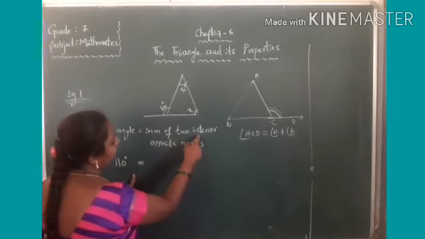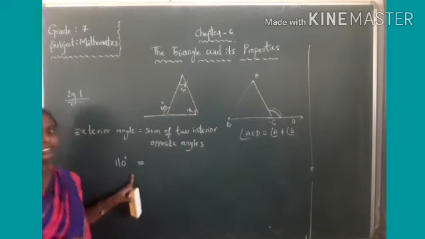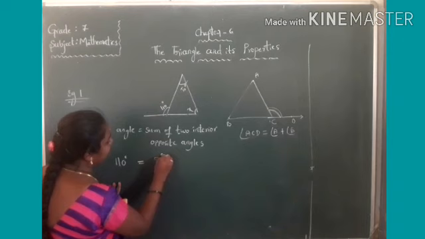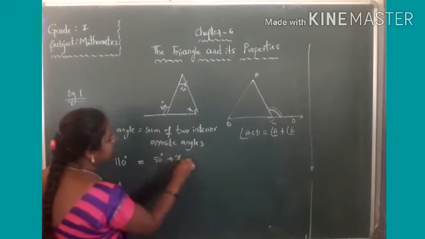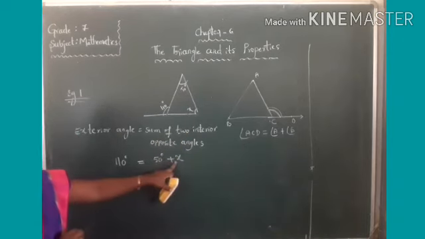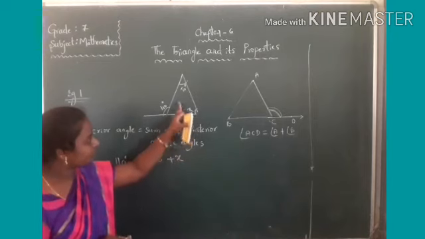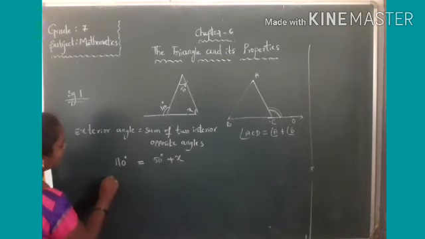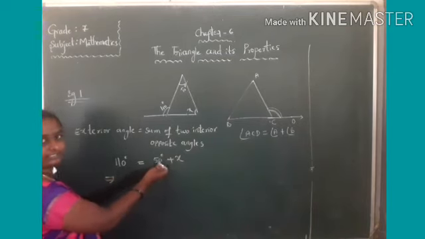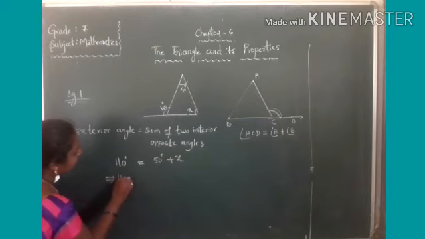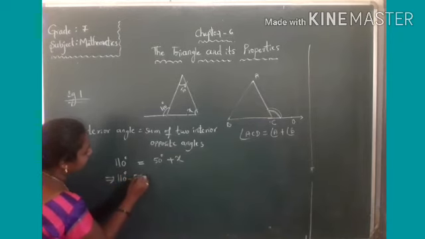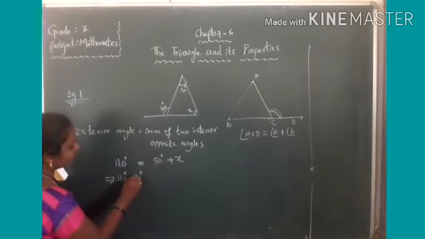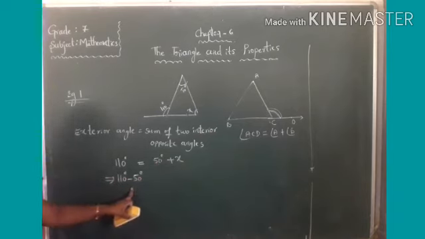Sum of two interior angles, sum means addition, so that is 50 degrees plus X. We have to find the second interior opposite angle. So, shift the constants: transposing 110 degrees, it becomes minus; transposing 50 degrees, it becomes minus 50 degrees.